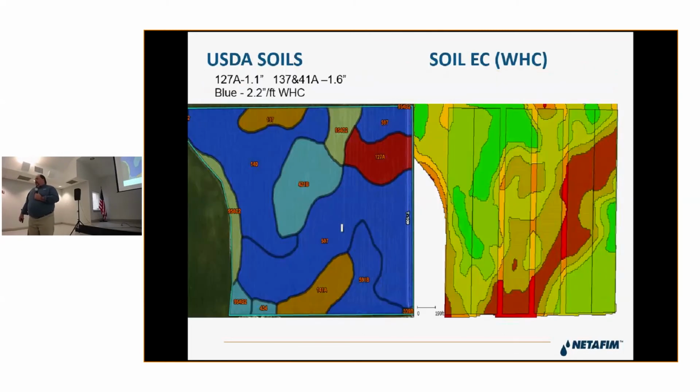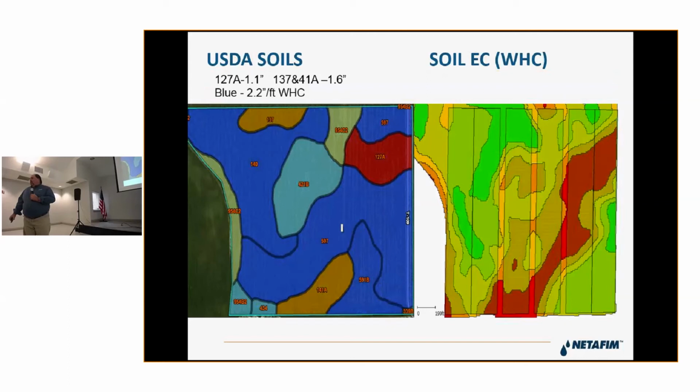So here are two examples of a field. This is exactly the same field. On the left is the USDA soil survey. We've got several different colors of soils. The blue soil in this soil survey is very good soil, the clay loam, with very high water holding capacity, over 2 inches per foot.